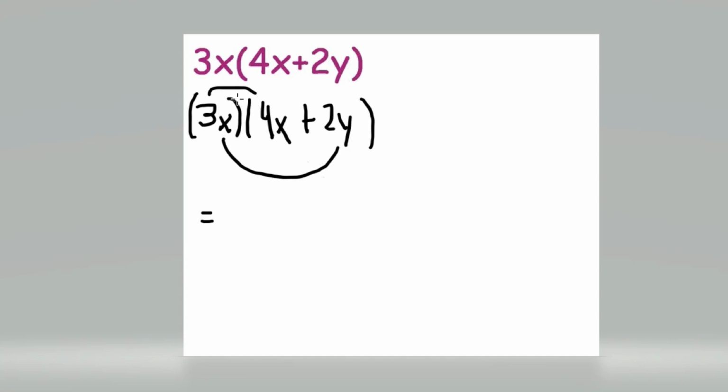Polynomial. 3x times 4x. So, parehas may coefficient. Coefficient muna. So, 3 times 4 is 12. Then, both ay may variables. Then same variables siya.